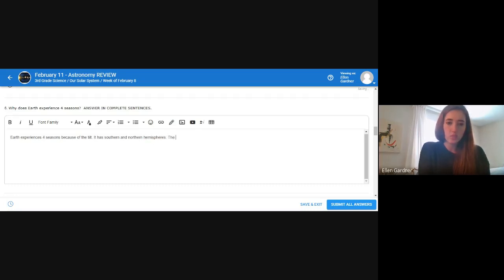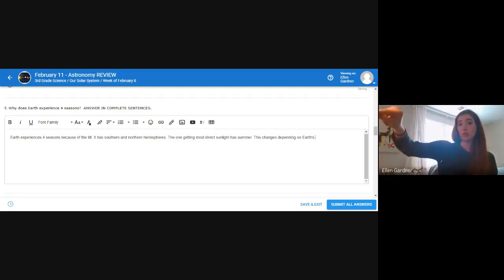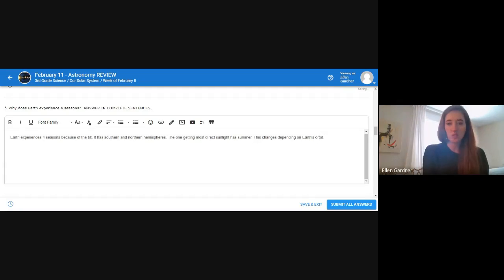The one getting most direct sunlight has summer, but this changes depending on Earth's rotation. Or actually not Earth's rotation along its axis, but on its orbit to where it is. Okay, so something like that.